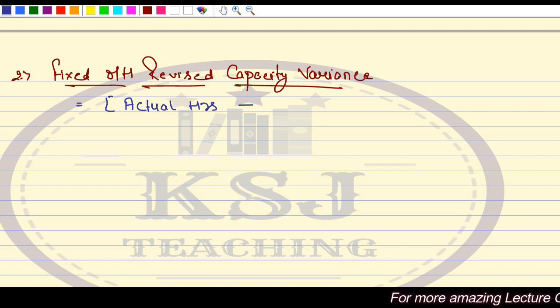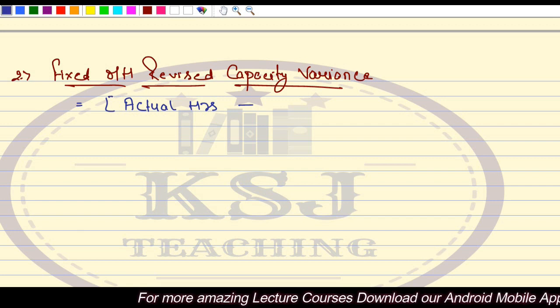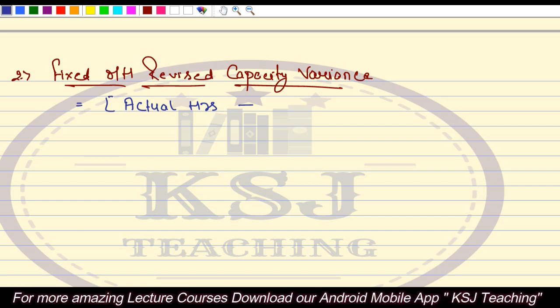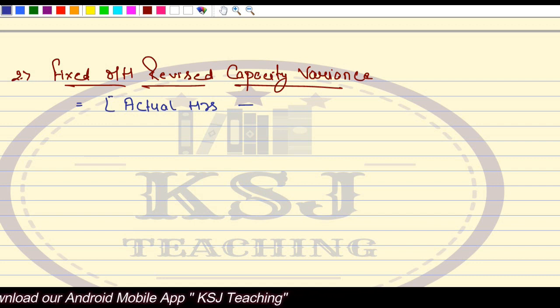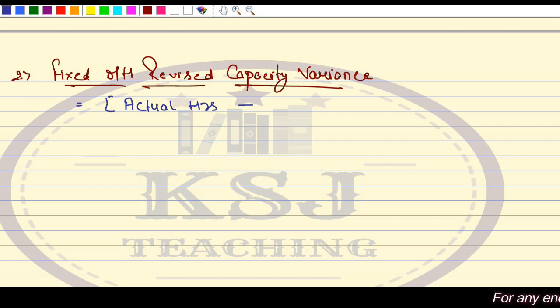Actual hours is for the actual number of days. Now the budgeted also we are going to calculate for the actual number of days. For the 27 days that he is actually working, what is the budgeted hours for those 27 days? Compare it with the actual hours of those 27 days. Only then you will get the correct capacity variance.